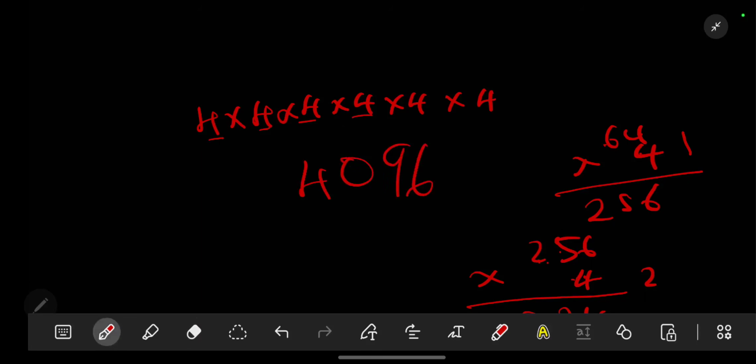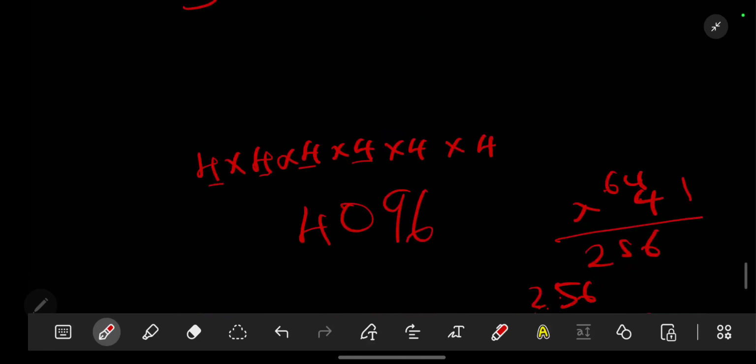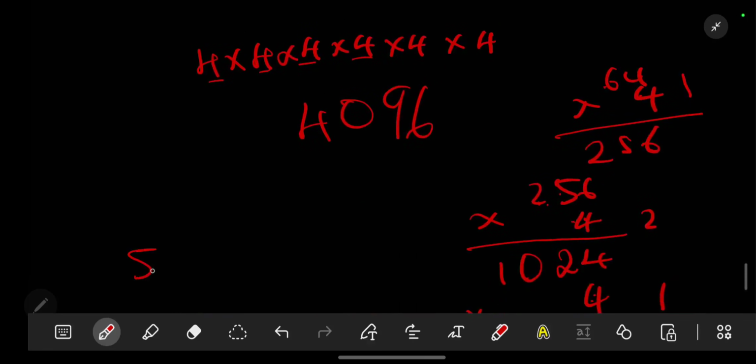4096, like that. Then for 5 to the power 6, we are going to have 5 times 5 times 5 times 5 times 5 times 5, 1, 2, 3, 4, 5, 6. So 5 times 5 times 5 is 125.